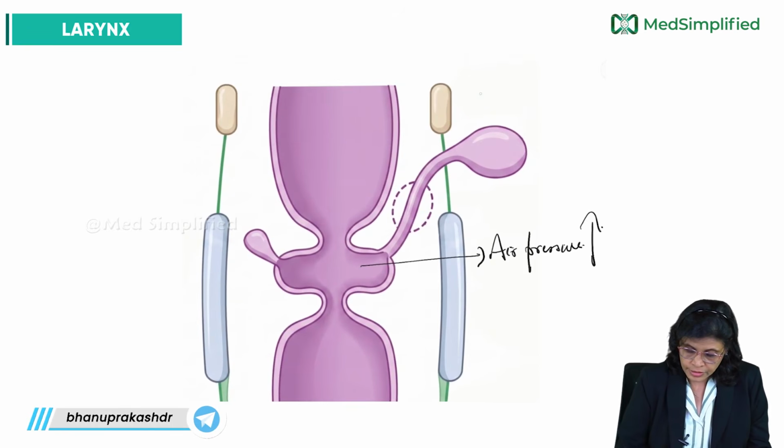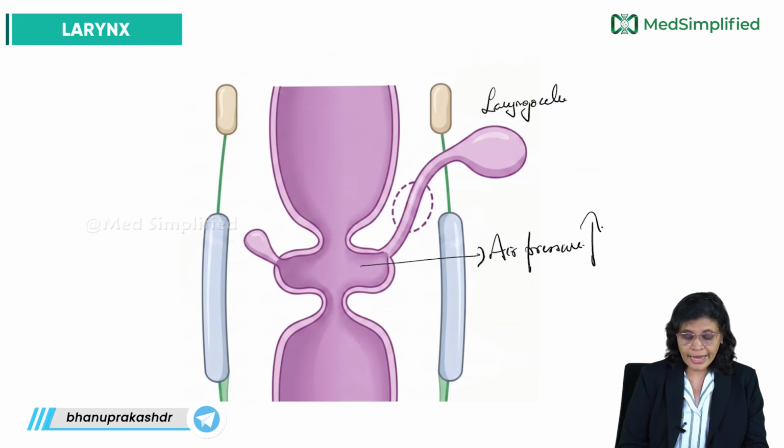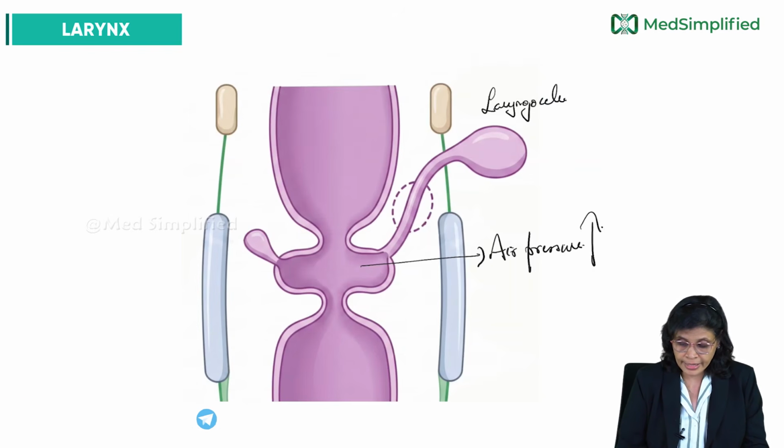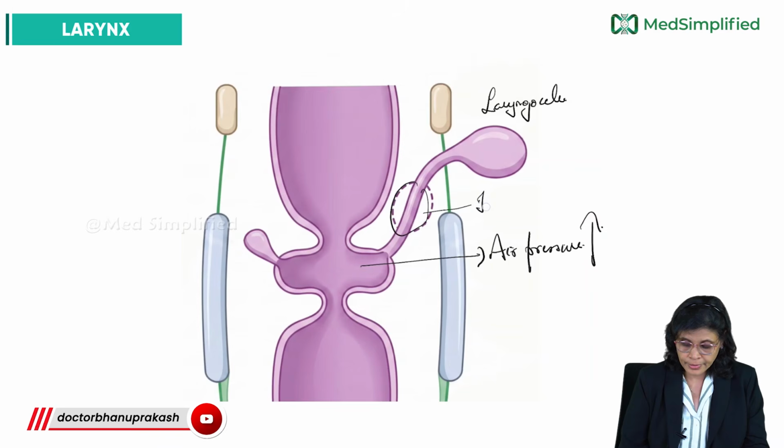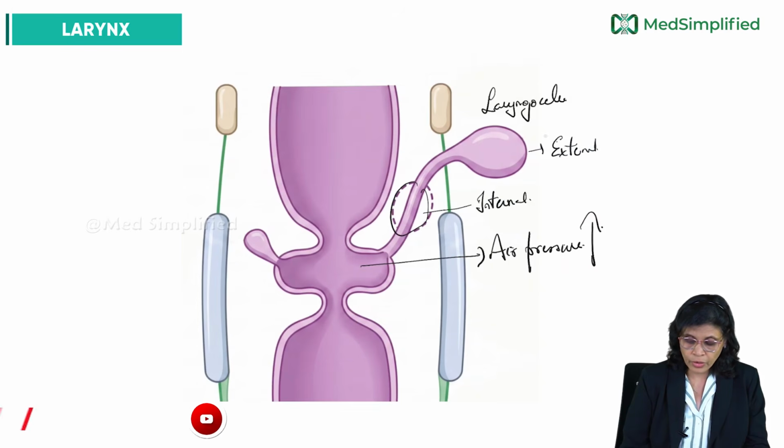This is known as the laryngocele. It can be internal, located within the larynx, or it can be external. If it is here, it is internal, within the larynx. It can be external when it herniates through the thyroid membrane and comes outside.